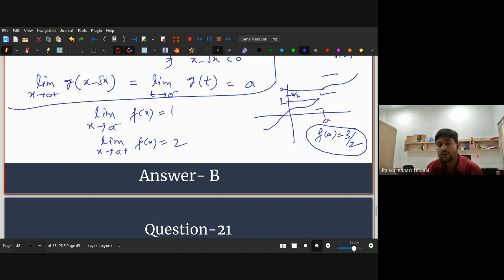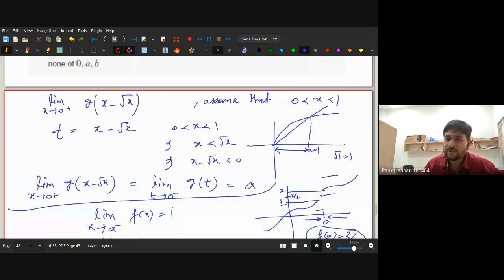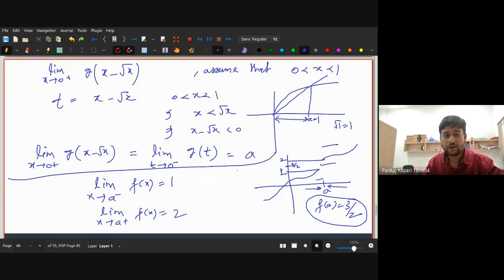Okay, because you are constantly changing your values of x in that neighborhood of a, right? You are approaching a, but you may not go till a. You are going as close as possible to a, but x may not be equal to a. So even though the root x function is defined at 0, I am still assuming that x is positive, because we don't know about g, right? And also notice that here x minus root x is t.